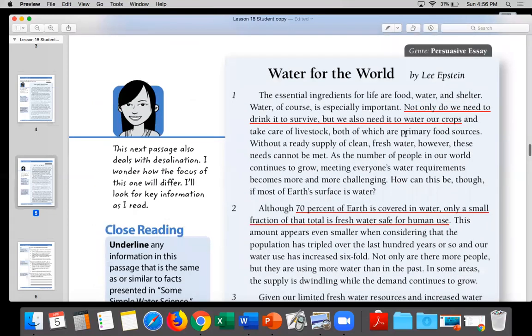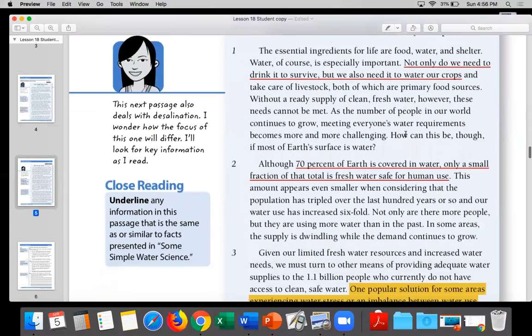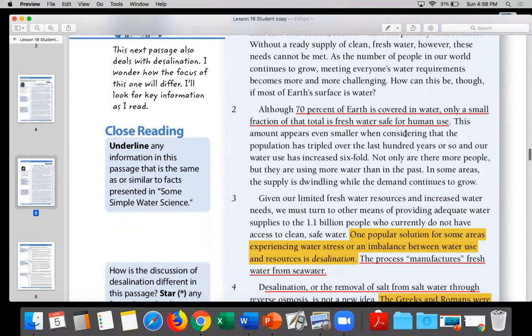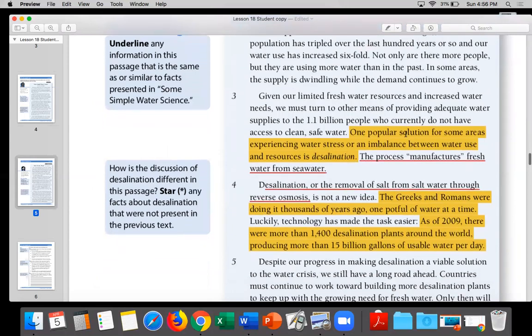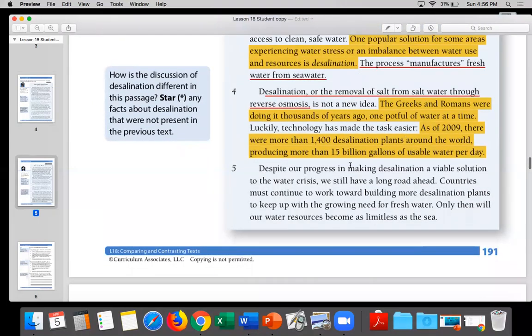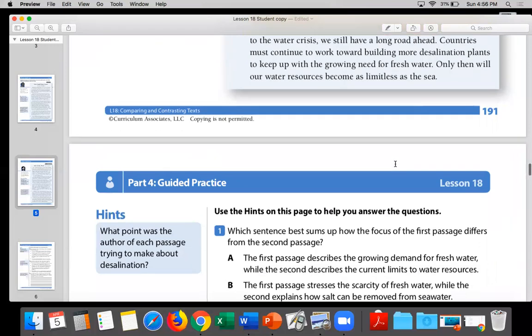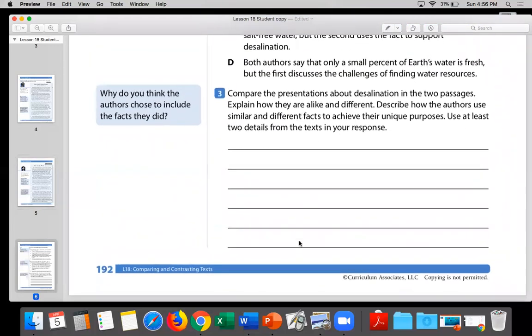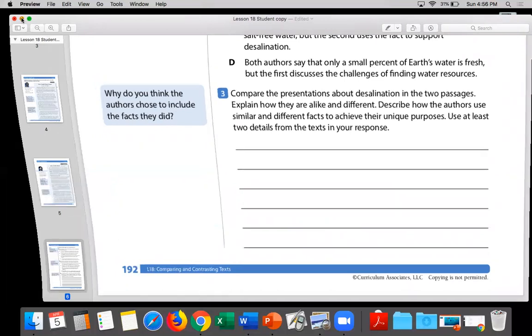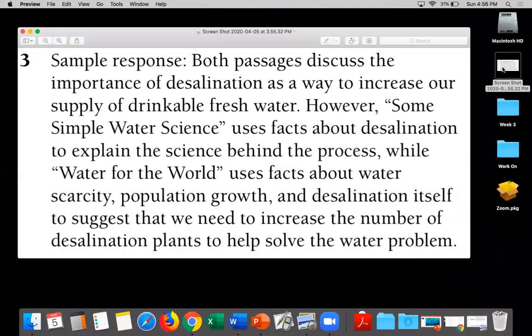So Epstein is talking about why we need more water and how we can create more clean water, and what we need to do in order to keep creating clean water. So since we have not done a compare and contrast writing prompt yet, I'm going to give it to you. So go ahead and write this down.